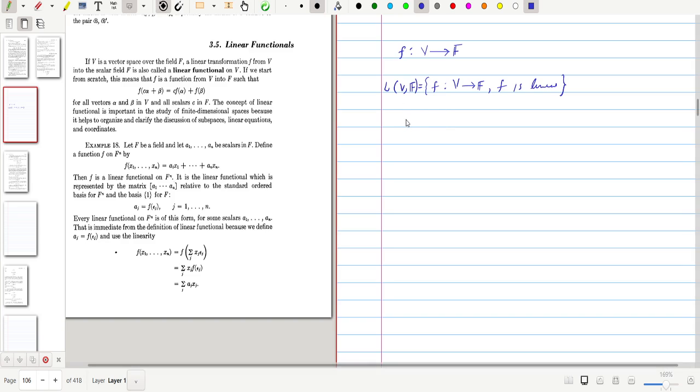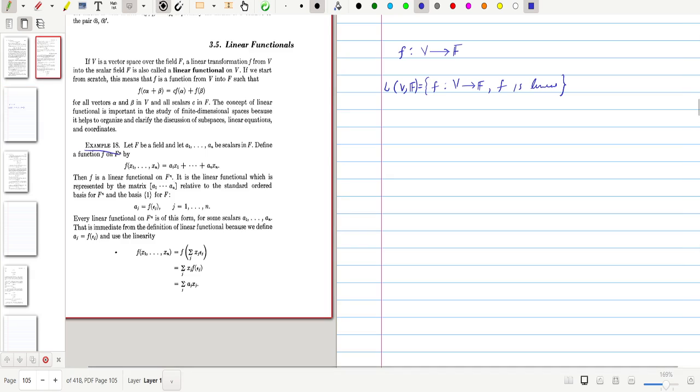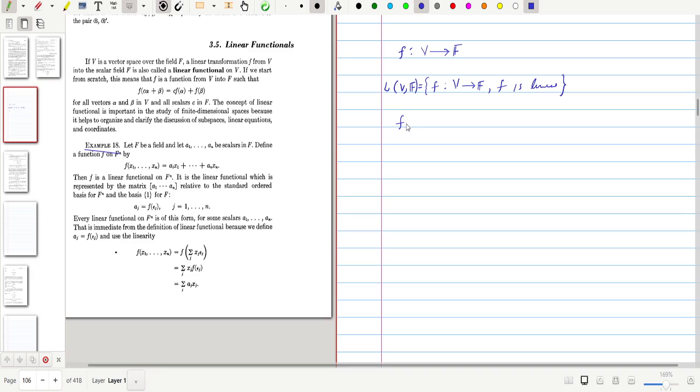For example, first we discuss example 18. In example 18 we have F^n, the set of all n-tuples, and this is our V. V is F^n, and V is a vector space, and F is our W. Then we consider this L(V, W), that means L(V, F).